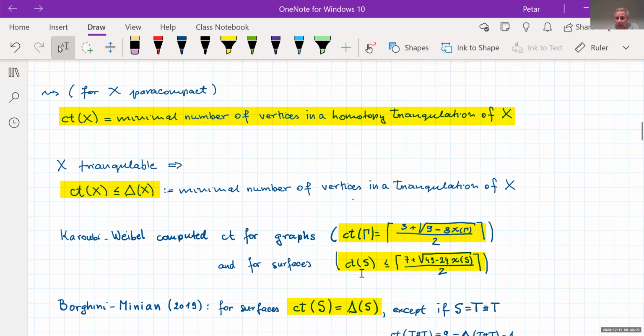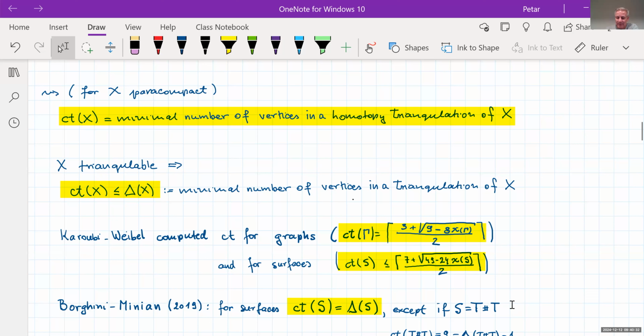When it is smaller by 1, the number of vertices in a triangulation. And Borghini and Minian showed that for surfaces, the covering type of a surface equals the minimal number of vertices in a triangulation for all cases except for one, which is remarkable.